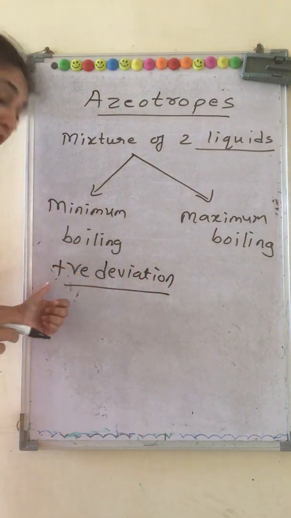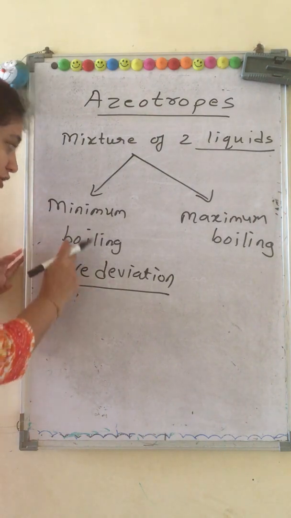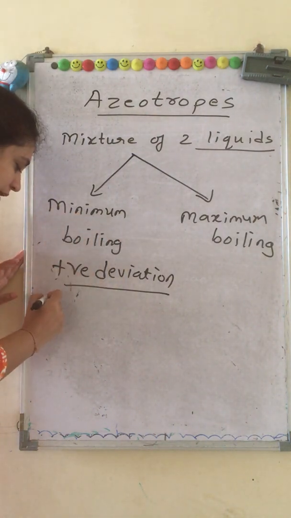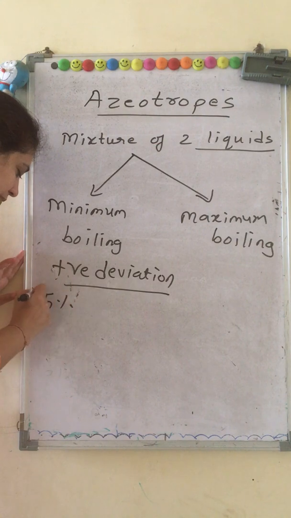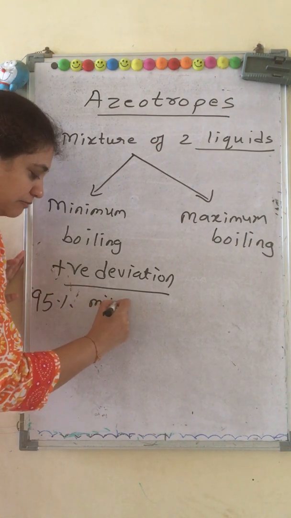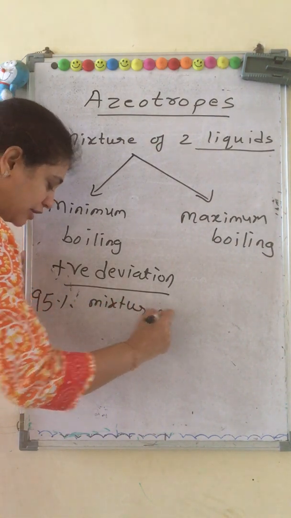If a solution is showing large positive deviation from Raoult's law, it forms a minimum boiling azeotrope. Example, 95% mixture of ethanol and water.